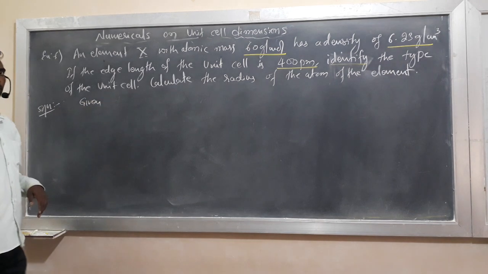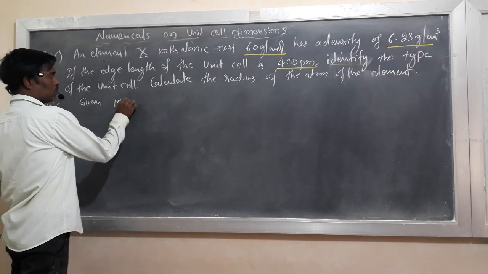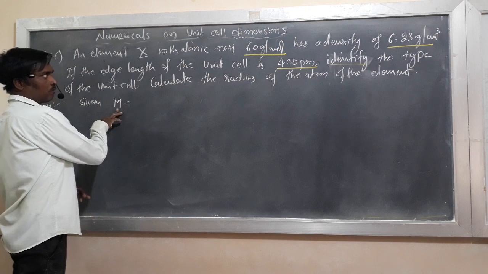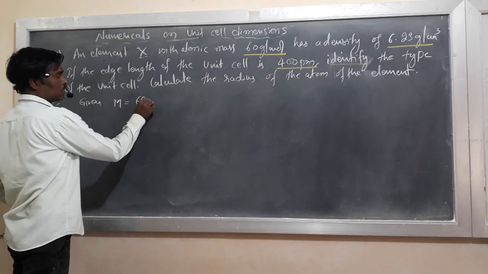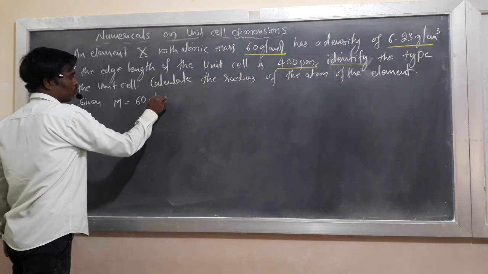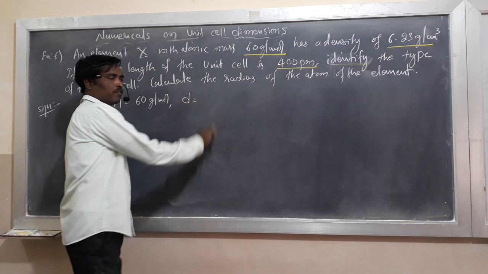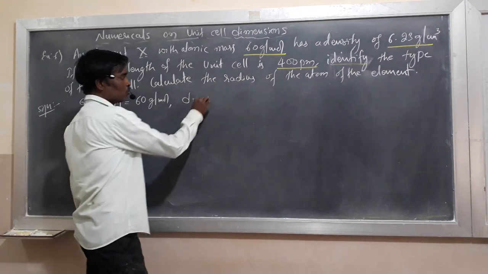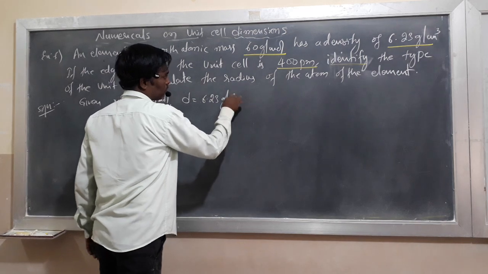Atomic mass we define as M, and its value is 60 gram per mole. Then density is d equals 6.23 gram per cubic centimeter.